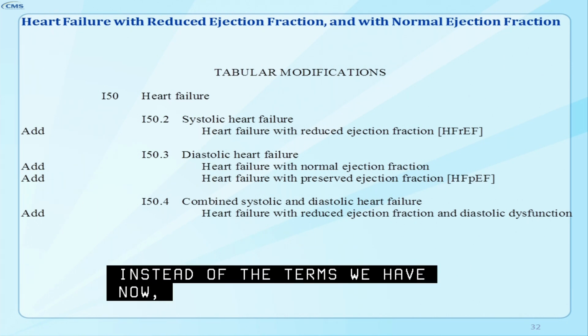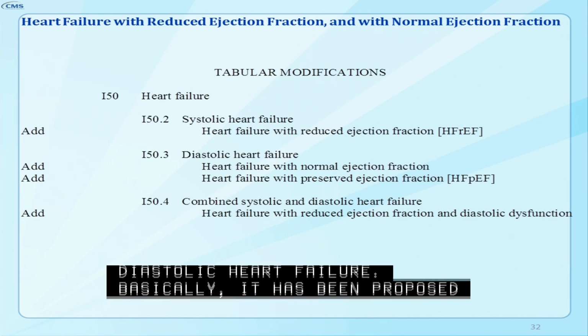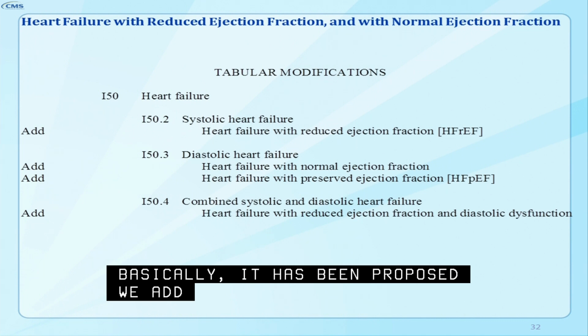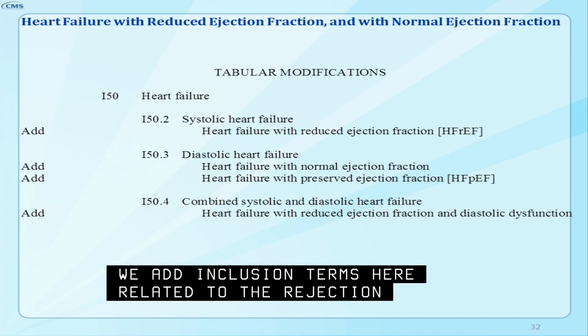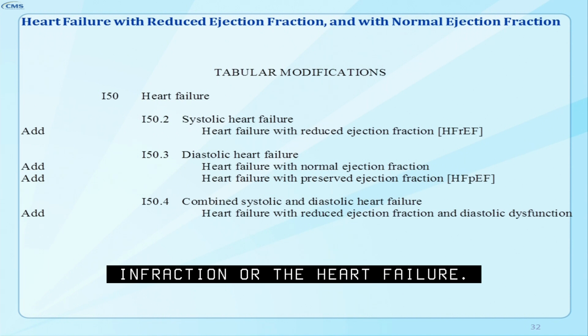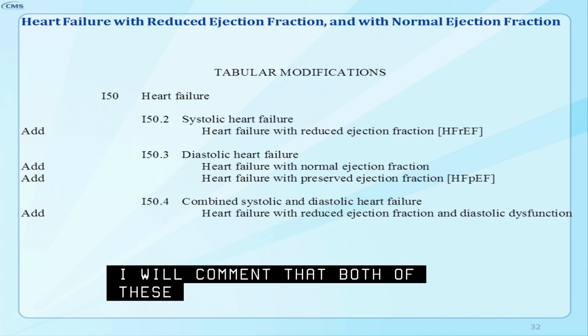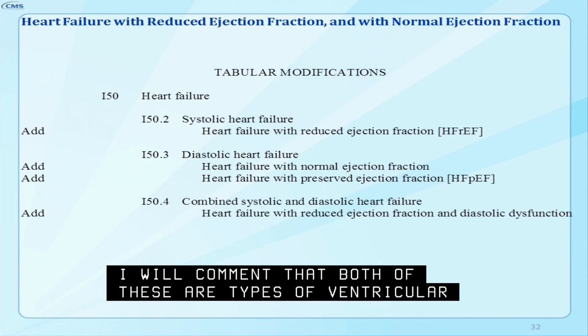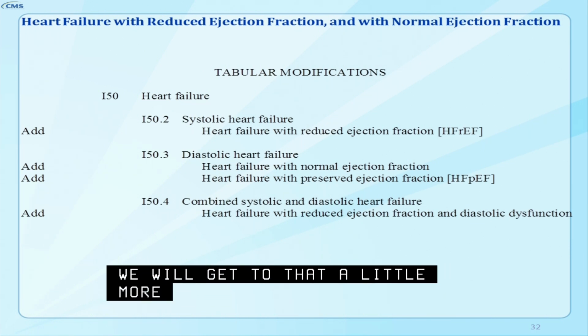So basically, it's been proposed that we add inclusion terms here related to the ejection fraction for the systolic heart failure and for the diastolic heart failure. I will comment that both of these are types of left ventricular heart failure. We'll get to that a little bit more in some other proposals that are related to these same subcategories.